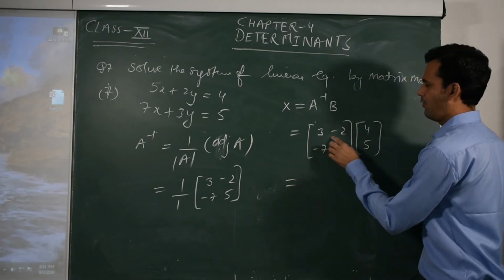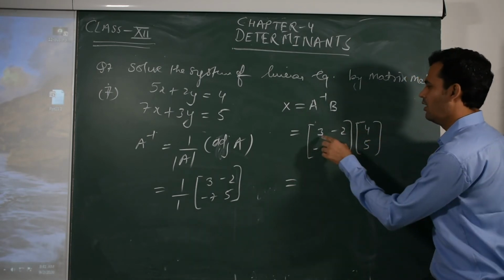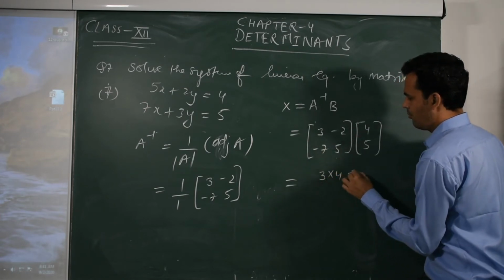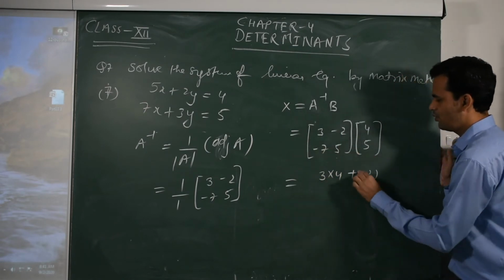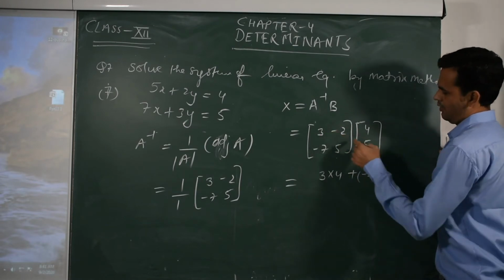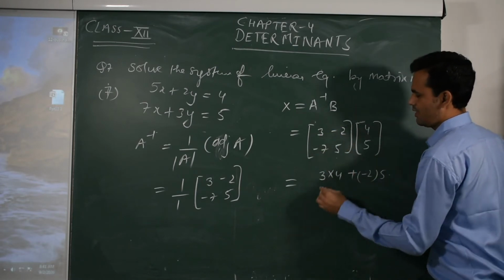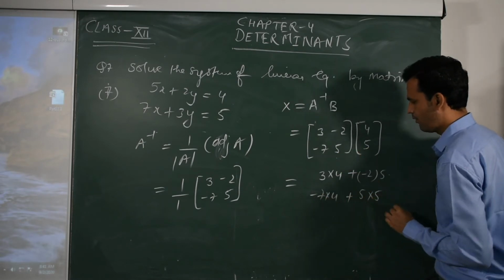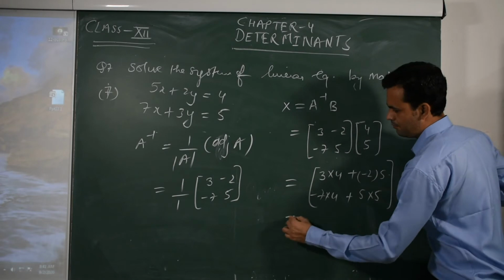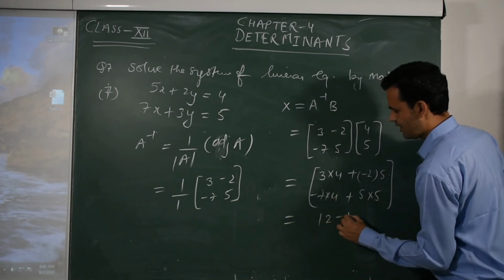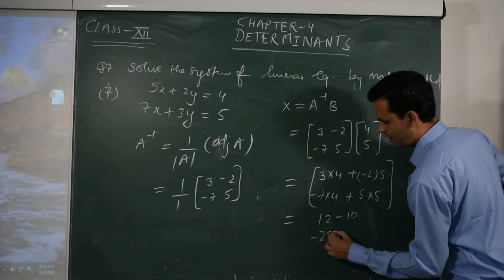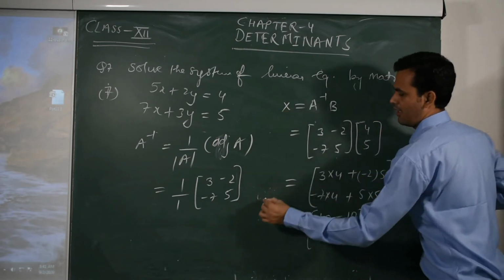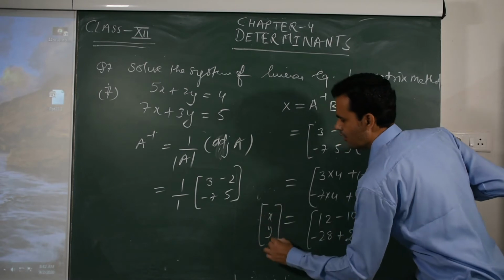Now multiply first row, first column, first element: 3 into 4 plus minus 2 into 5, that's the first element, and minus 7 into 4 plus 5 into 5. So 12 minus 10 and minus 28 plus 25, and here we write X as x and y.